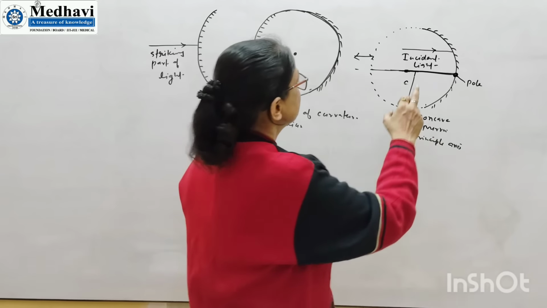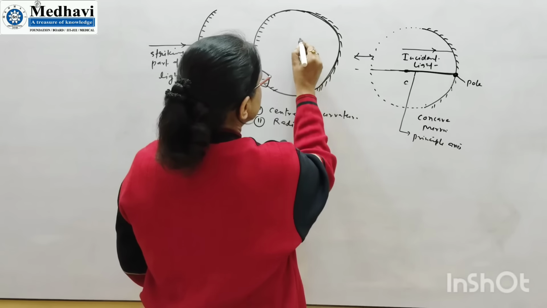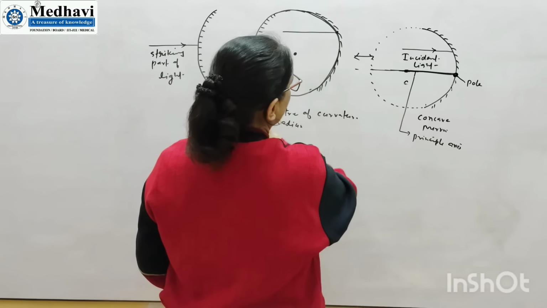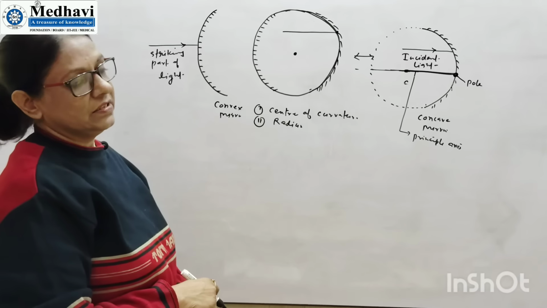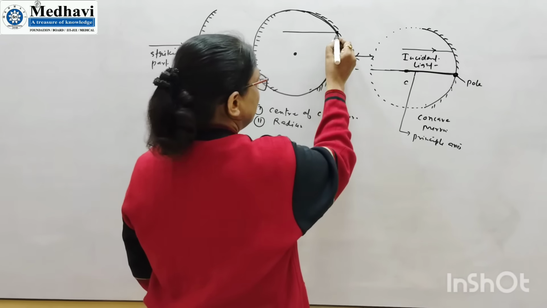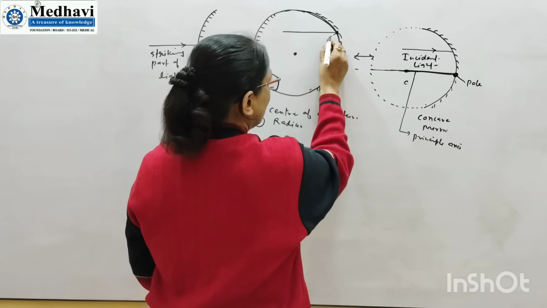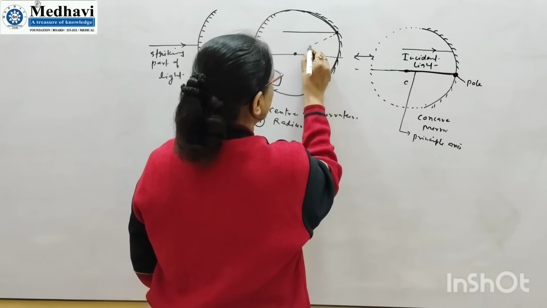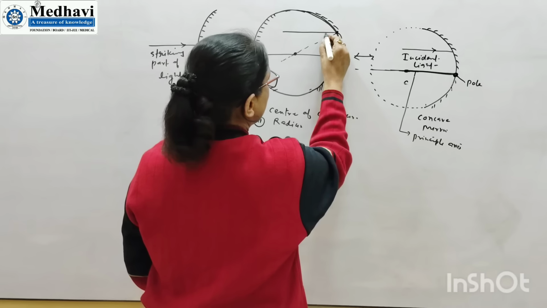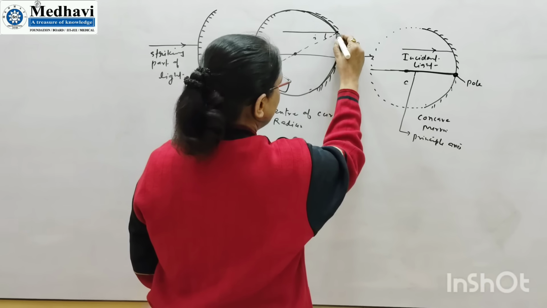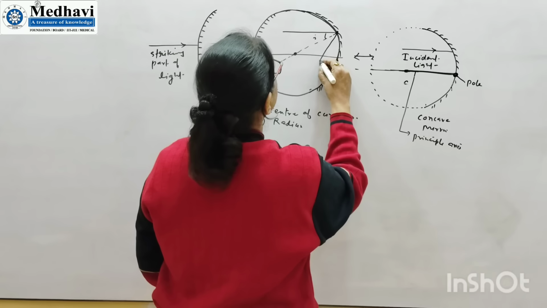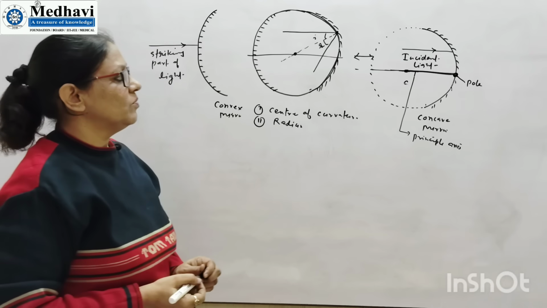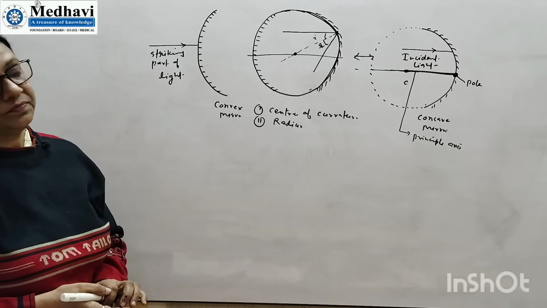Suppose a ray strikes a point of a curved surface. Then from this point we first draw the normal. That is very important. This is the angle of incidence. The ray will be reflected and the angle will be the same. The angle of incidence must equal the angle of reflection.